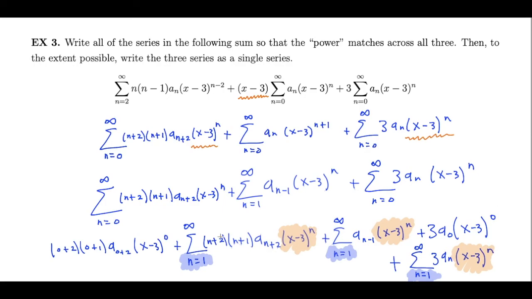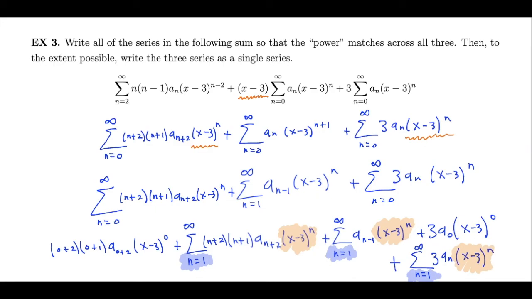Now again, imagine actually writing out all of these terms, and you'll see that every single term here has an (x minus 3) to a power in it. Similarly, all of these terms, and because everything in these three series matches up perfectly, the powers on those terms will match.